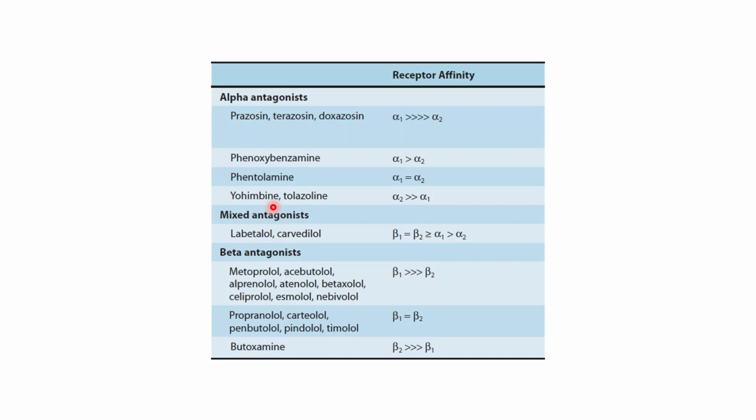Yohimbine can greatly elevate blood pressure if administered to patients receiving norepinephrine transport blocking drugs, and yohimbine reverses the antihypertensive effects of alpha-2 adrenoceptor agonists such as clonidine.